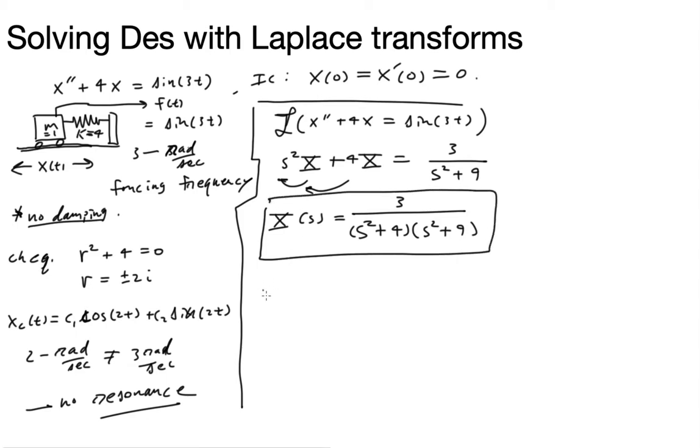But now, of course, we need to find x(t), which is the inverse Laplace transform of capital X. All right, and the question then is, what is that? And so we're going to have to use partial fractions to solve.